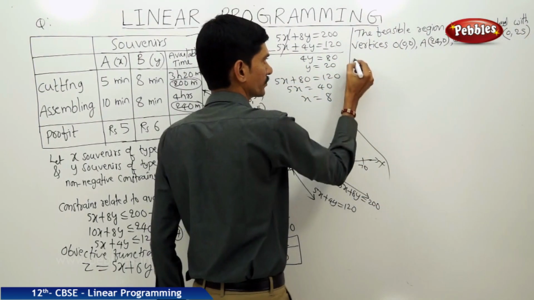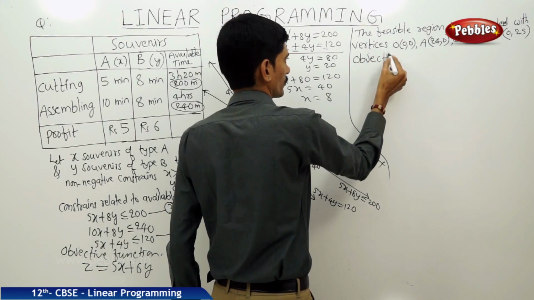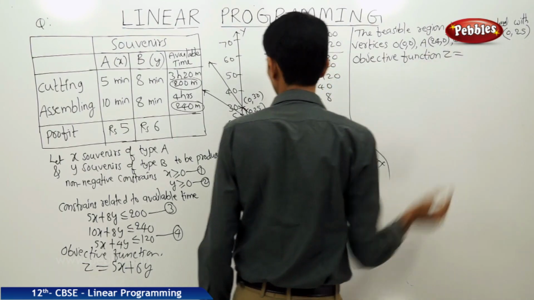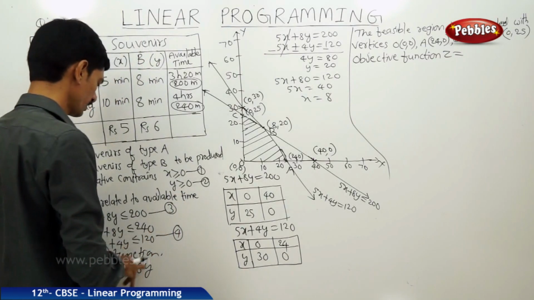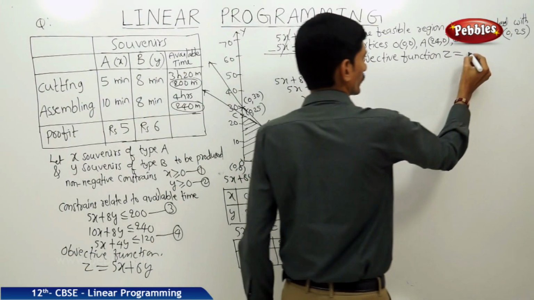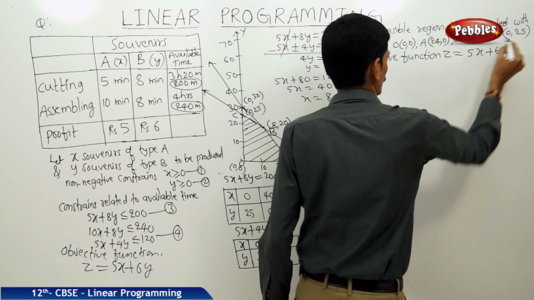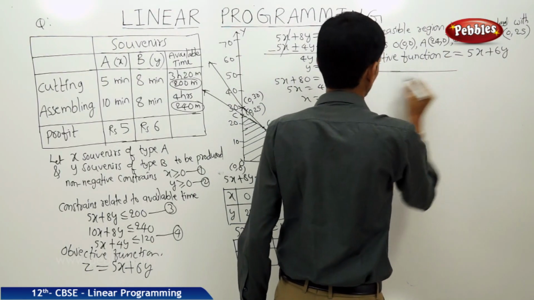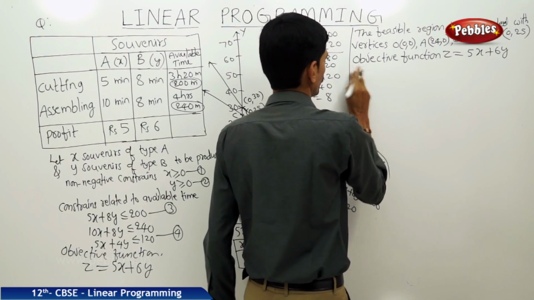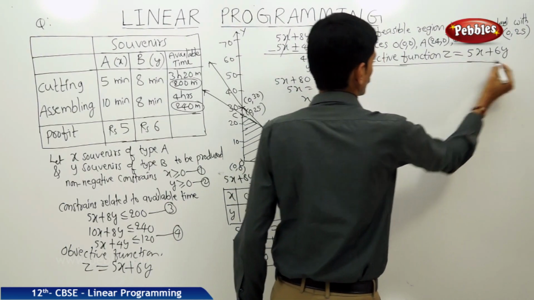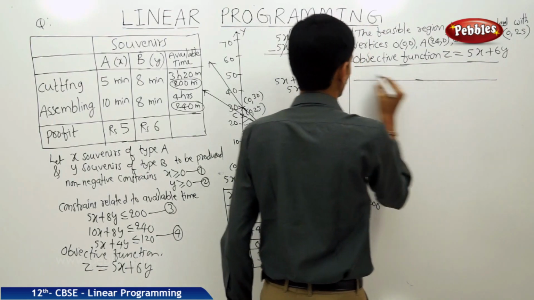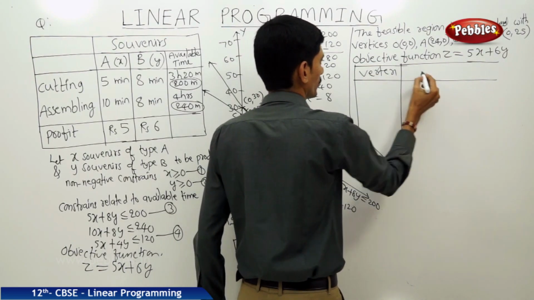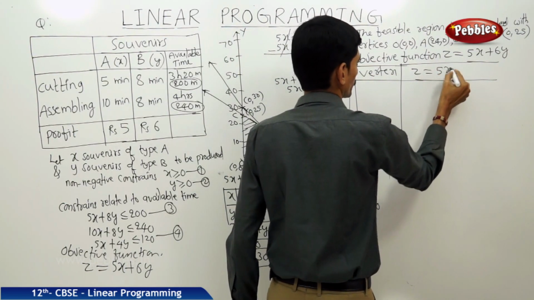Now the objective function z equal to 5x plus 6y. Now let us draw the table of values of the objective function. Here we will take vertex, and z equal to 5x plus 6y.